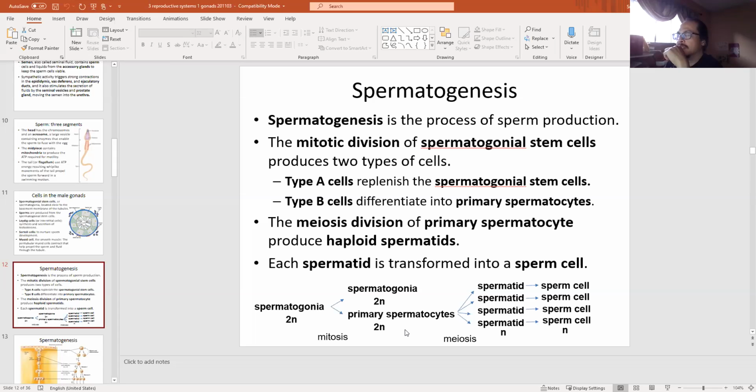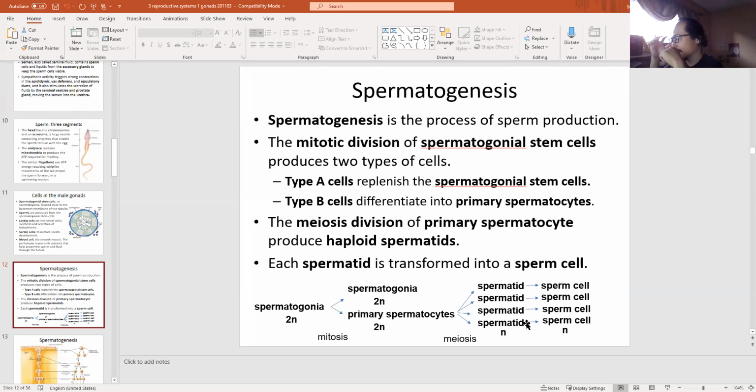This primary spermatocyte then goes through meiosis. Meiosis has two stages. Meiosis one produces the secondary spermatocytes, and then meiosis two produces the spermatids.